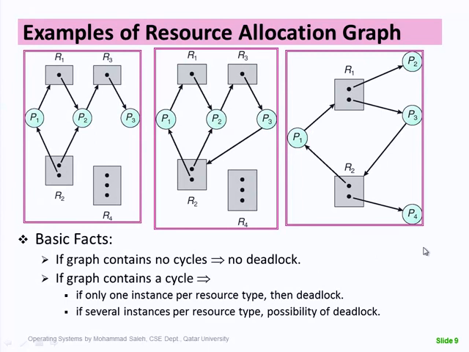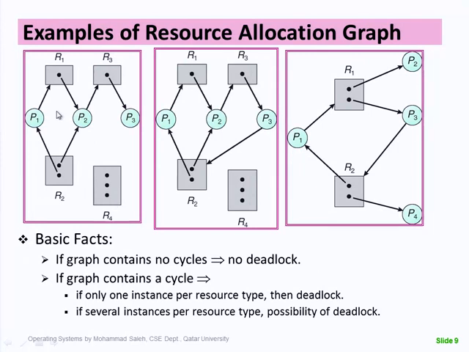Now back to the resource allocation graph. These are examples of resource allocation graphs. And how would I read a resource allocation graph? Well, in fact, you can get lots of information from it. For example, you can know the number of instances of a particular resource. I can say I have 3 instances of R4. You can know the types of resources.